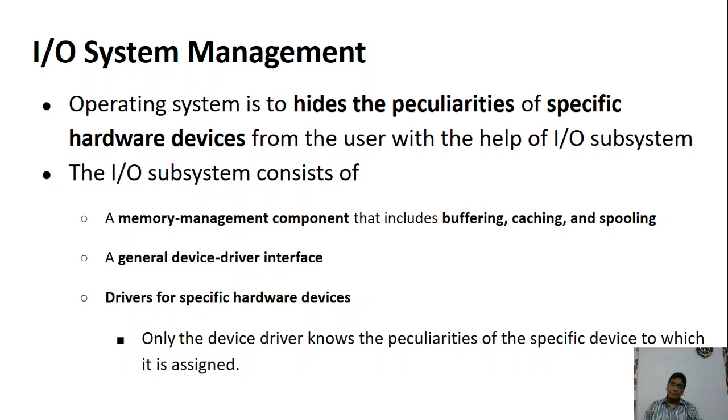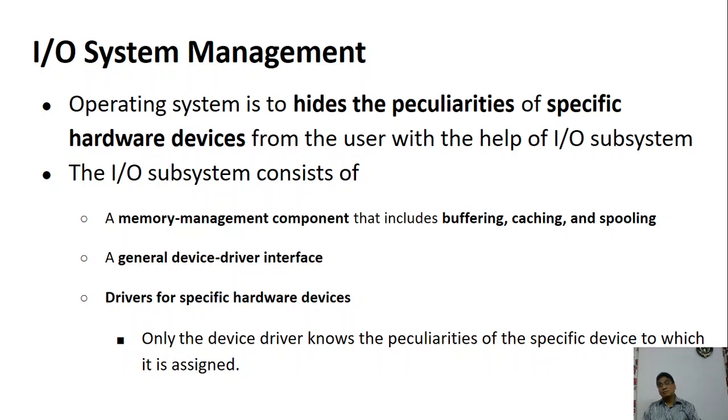Okay, so what is the input output subsystem responsible for? Managing the memory, that's very important. What is the meaning of managing memory? Some of the devices work very fast, other devices work very slow. Now when I say very fast, very slow, what do I mean?